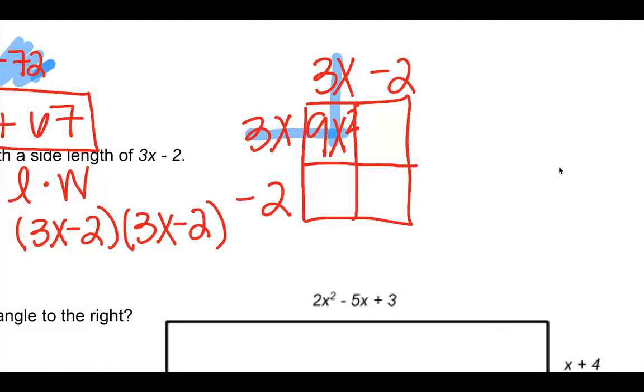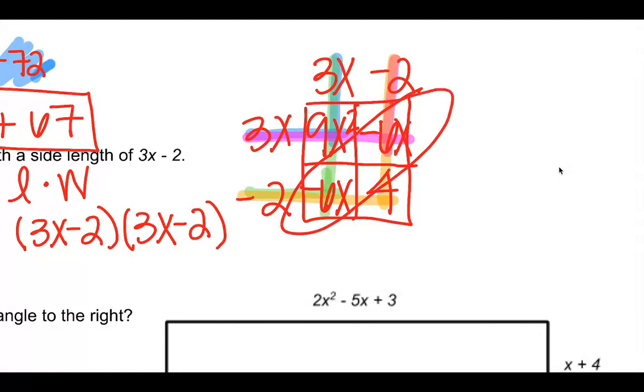Then I've got 3x times negative 2, which is negative 6x. Then I've got negative 2 times 3x, again, negative 6x. And then I've got negative 2 times negative 2, which is positive 4.